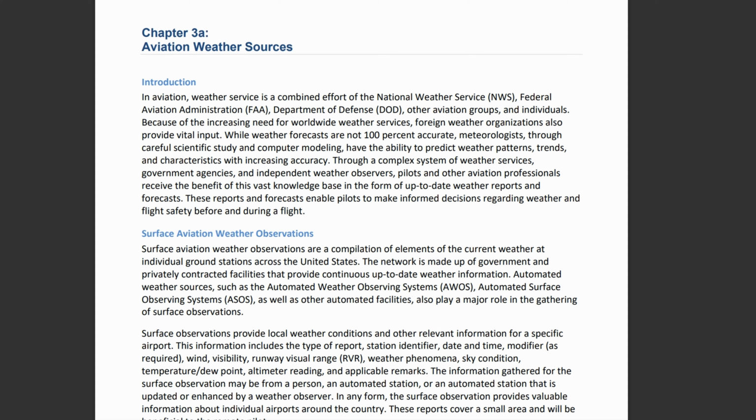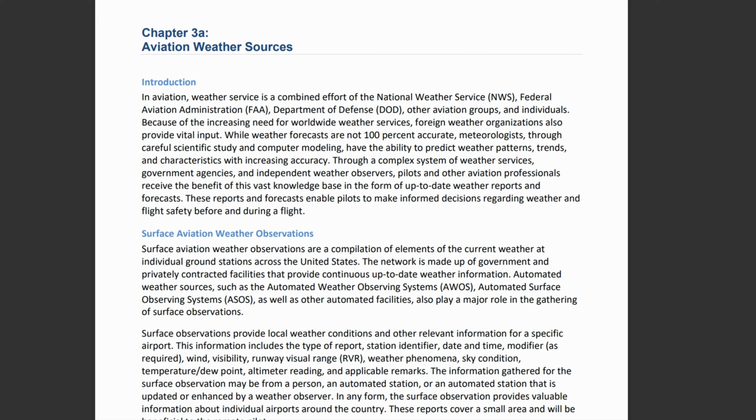There's only one change in the lettering. ASOS is automated surface observation systems. So two things: AWOS, automated weather observation systems, and ASOS, automated surface observation systems. And these are used to help the government and privately contracted facilities do their job.